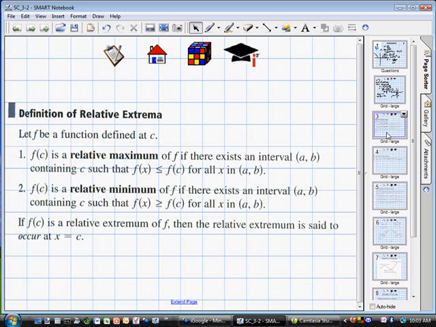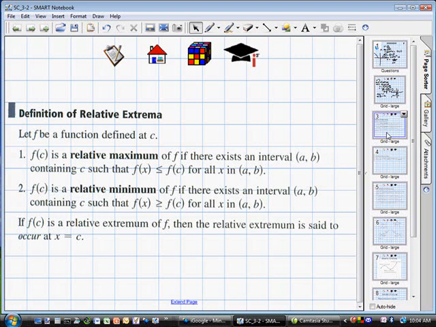And you're going to hear the word relative extrema, as you see on the screen here. When a graph goes up and down, it's got these, I guess you could call them humps, and there's going to be some where it reaches a relative high point and others where it reaches a relative low point. Together, those are called relative extrema.